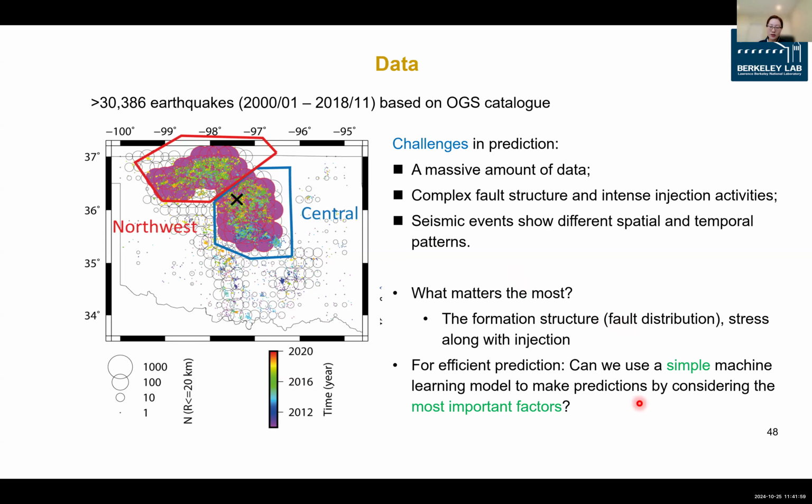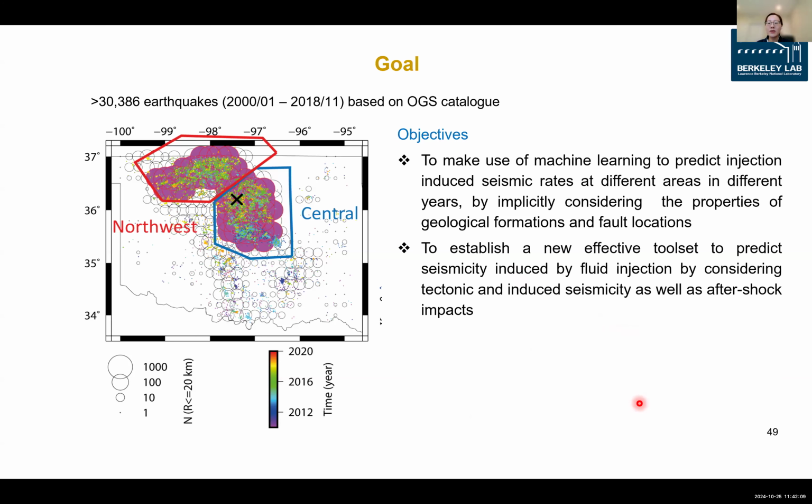So for efficient prediction, can we use a simple machine learning model by considering the most important factors? We're trying to use machine learning to predict injection-induced seismic rates at different areas in different years by implicitly considering the properties of the geological formations and the fault locations. We're trying to establish a new effective toolset to predict the seismicity induced by fluid injection, considering the tectonic and induced seismicity as well as aftershock impacts.